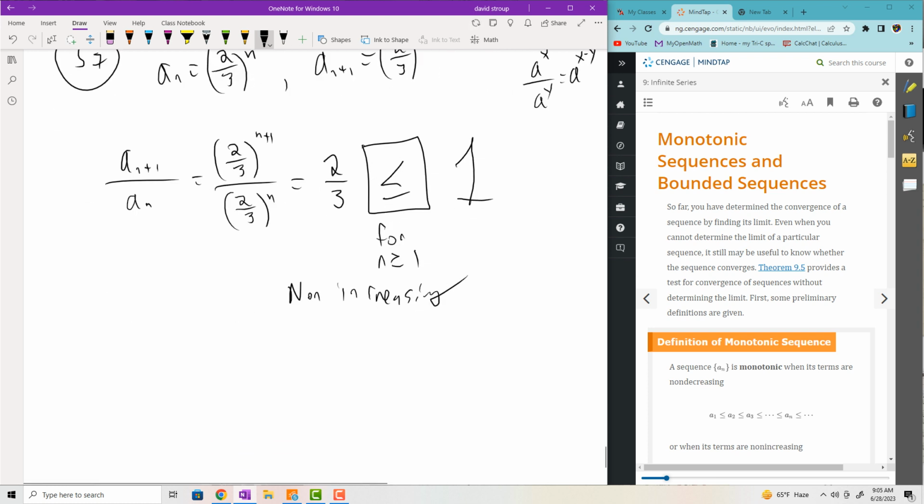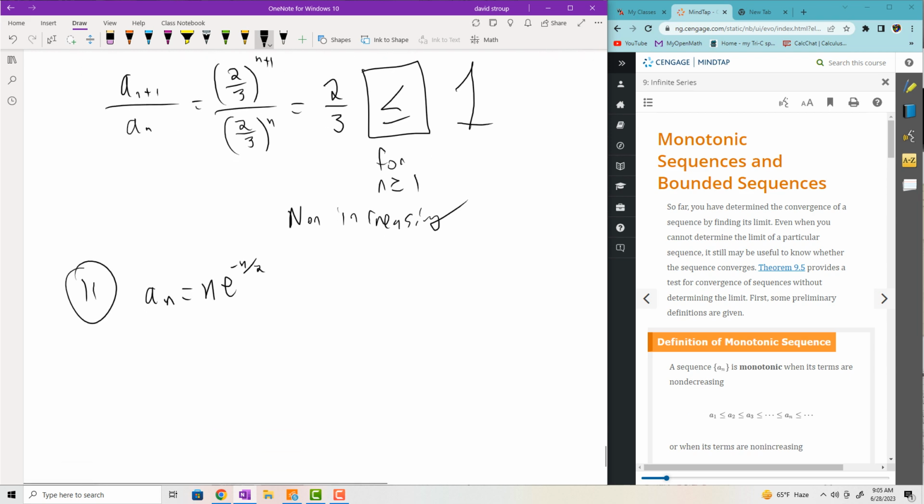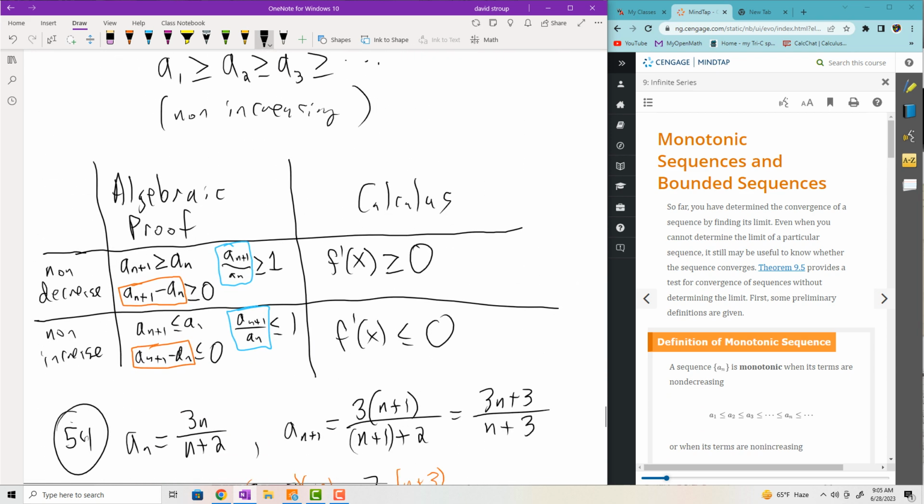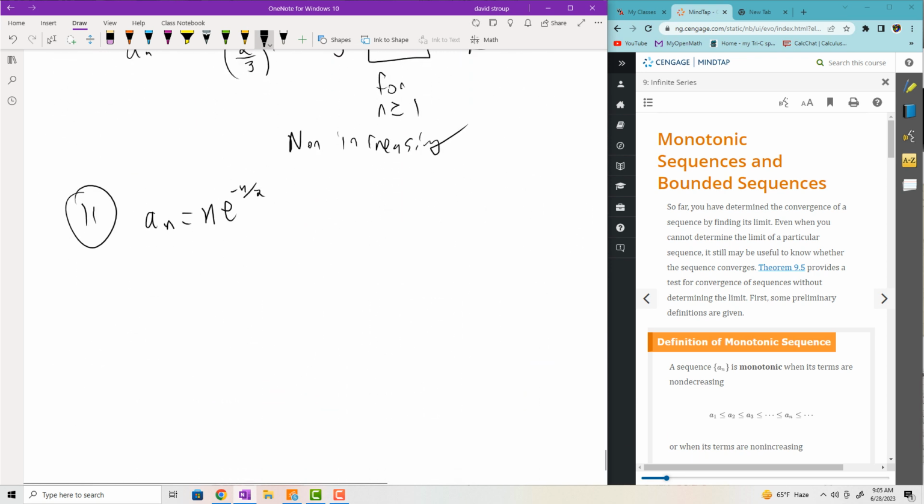Okay, then one more is the calculus version, and you see this one actually in the homework. So it's number 11, I think. A sub n equals n e to the negative n over 2. Okay, so for the calculus side of the coin, you're just going to convert this into a function and take its derivative and then see if it's increasing or decreasing.